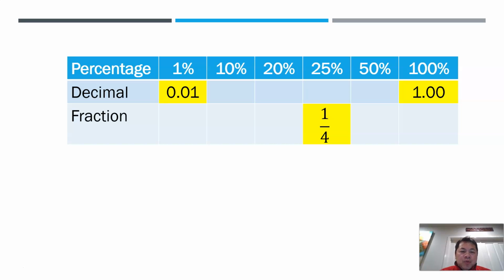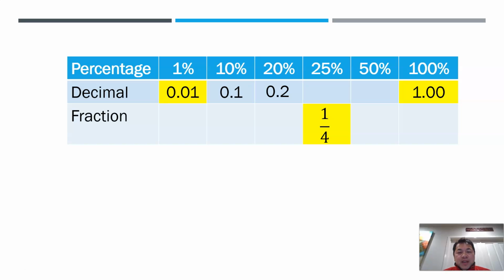So 1% is 0.01, which is given in the book. So 10%, make a good guess. If 1% is 0.01, what about 10%? What do you think it will be in terms of decimal? That's right, 0.1. Well done. So since 10% is 0.1, what about 20%? That's good, 0.2.